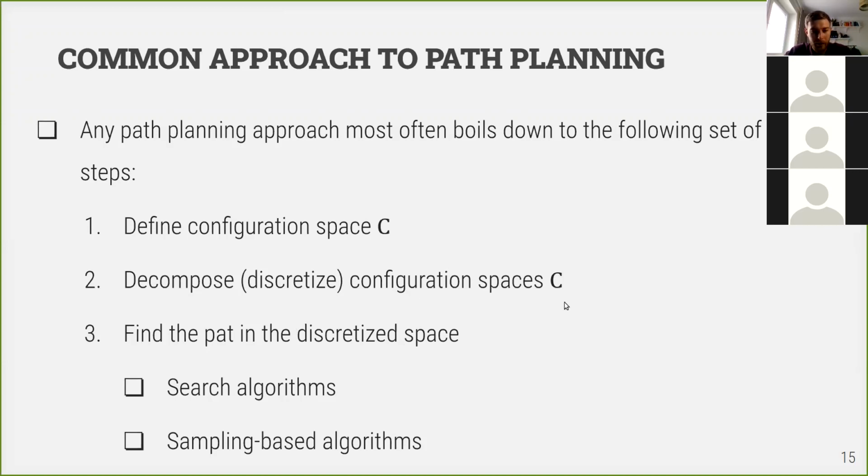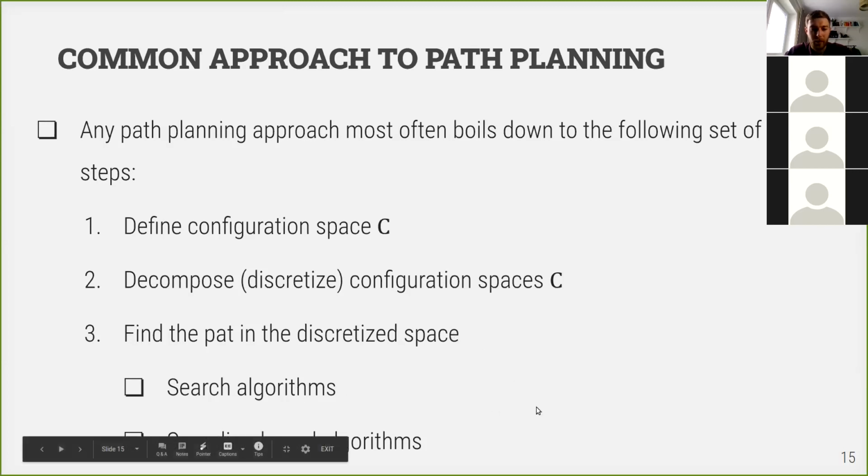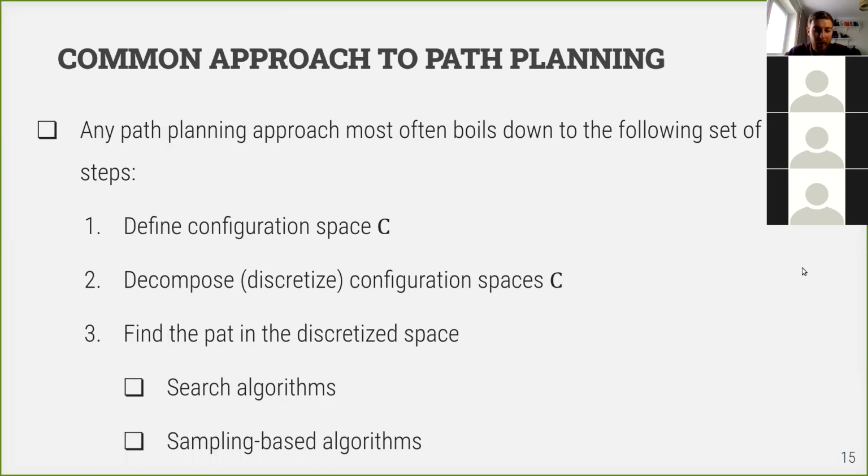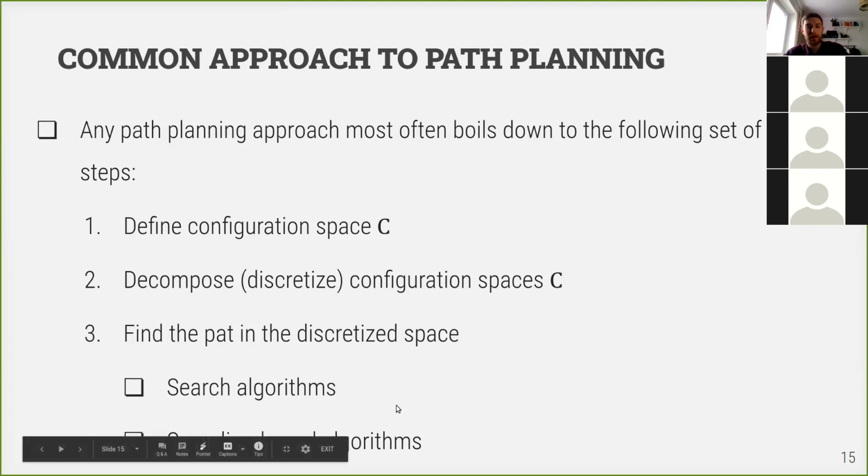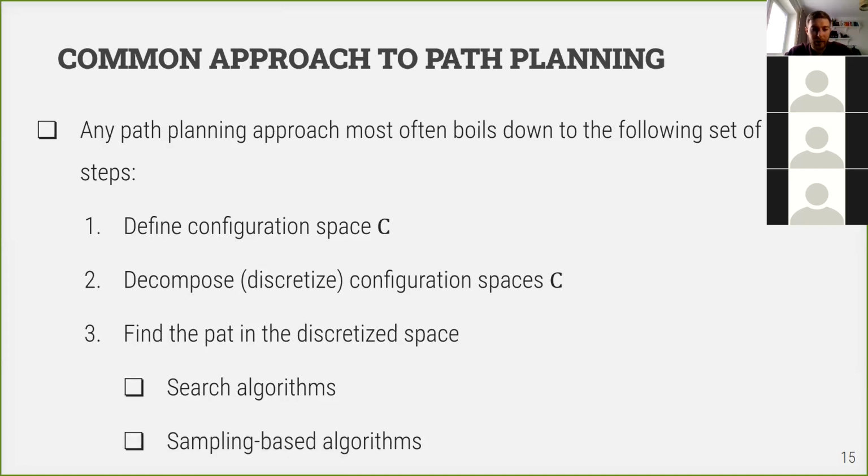And then when we have discretized configuration space, we can find the path in this space using several types of algorithms. This can be just search algorithms, which I think you're familiar with, or it can be sampling-based algorithms. So search algorithms are trying to use every part of discretized configuration space.